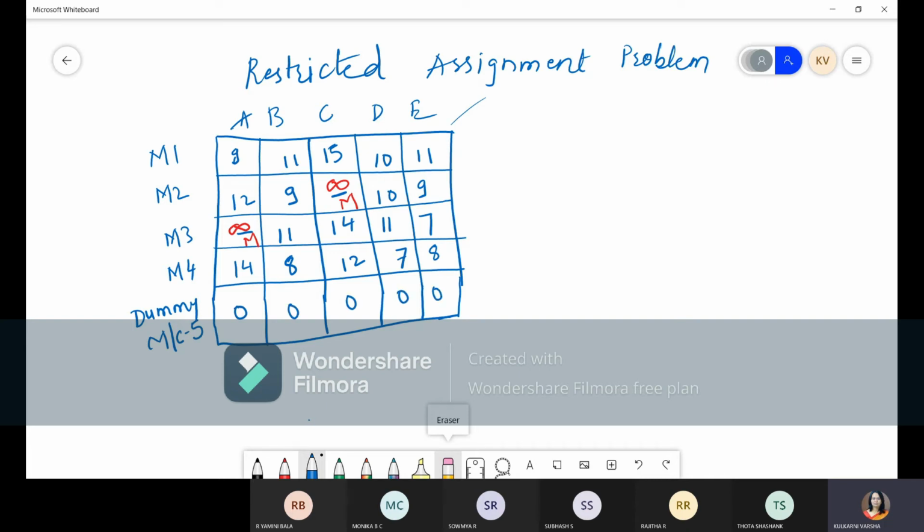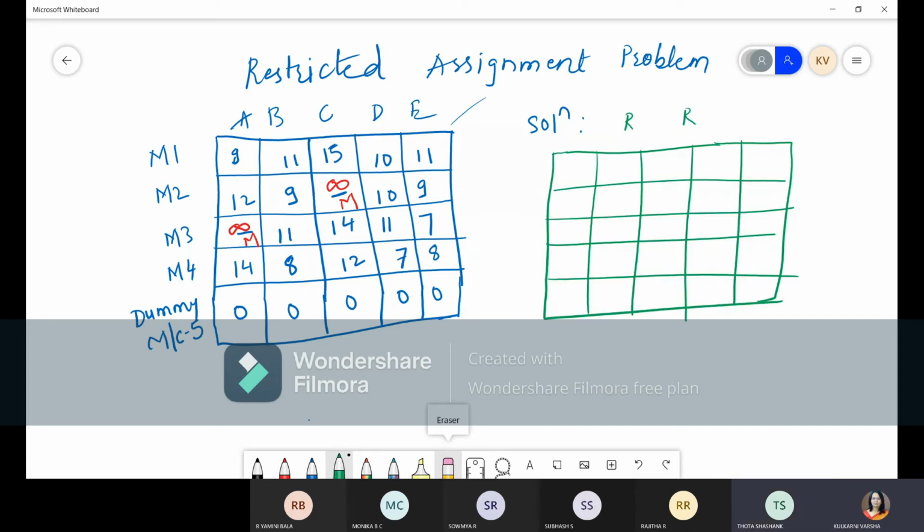All the costs in this row will be 0, 0, 0, 0. We'll do this conversion, and then the solution is as usual the way we used to solve. The first step is row reduction. Find the minimum value in the first row. The minimum is 9 itself, so this will be 0, this is 2, this is 6, this is 1, this is 2.